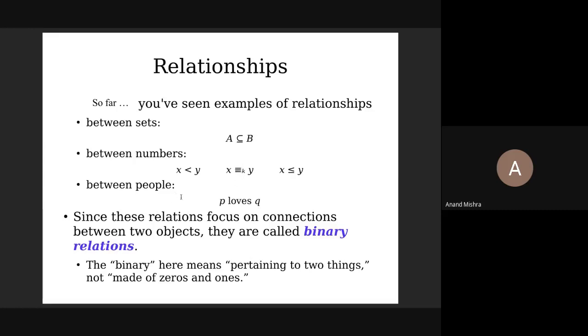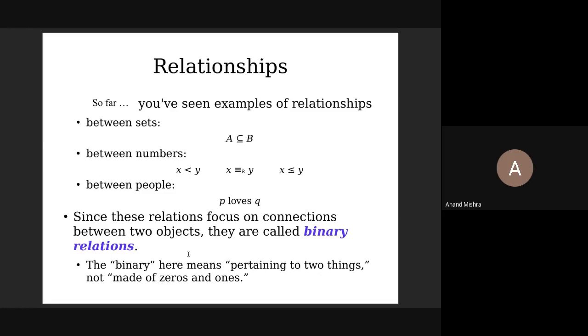Between people, you all know P loves Q, P is a friend of Q, all these are relationships. Since these relations focus on connections between two objects, they are called binary relations. Of course, there can be other forms of relations as well, as some of you might see in databases courses in the future, where there are ternary relationships, but that's beyond the scope of this course. For this course, we are only interested in binary relations, which means you have two objects to compare with.